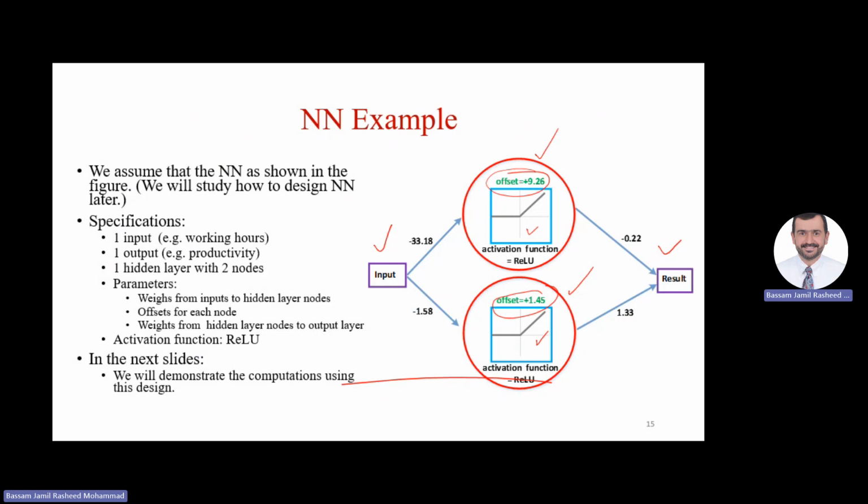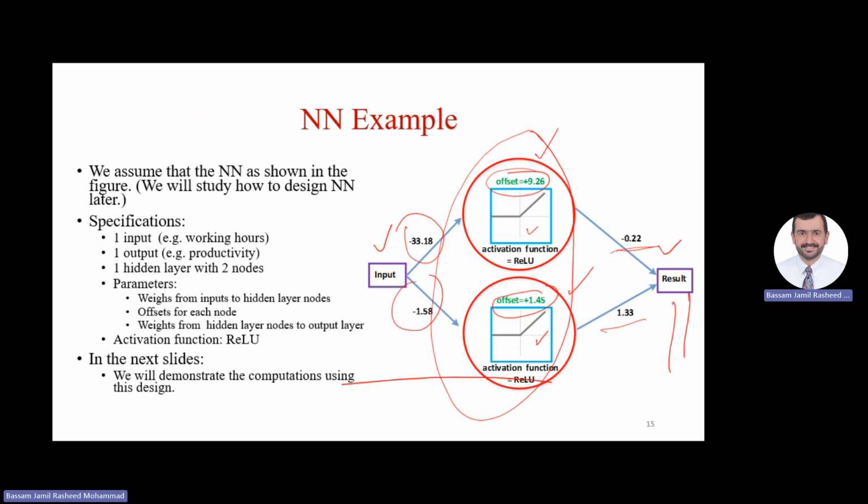The connections from the input to the nodes have weights minus 33.18 and minus 1.58. And the connections between the hidden layer and the output have weights of what? Minus 0.22 and 1.33.